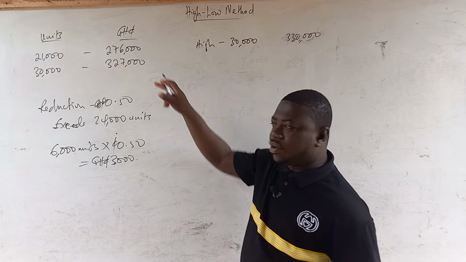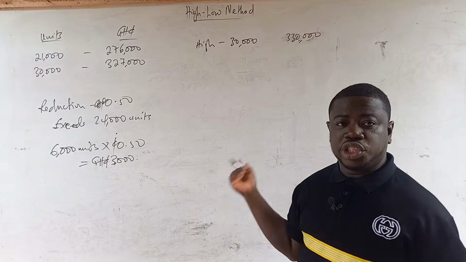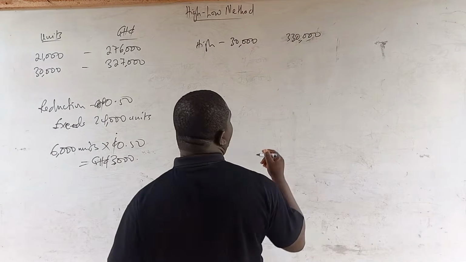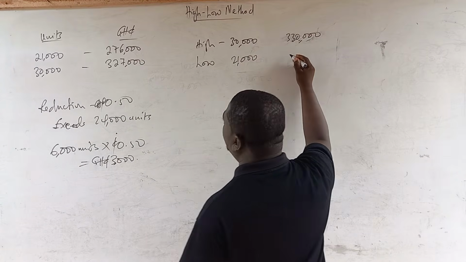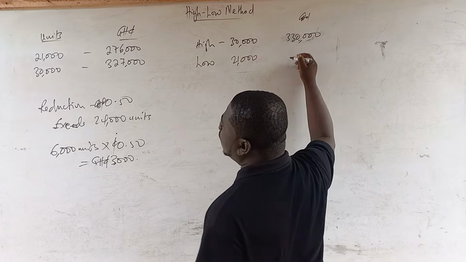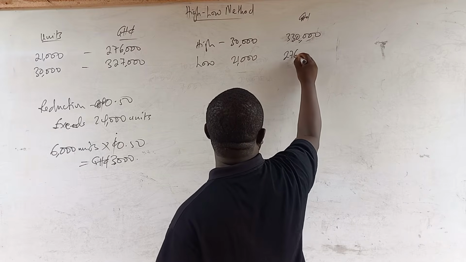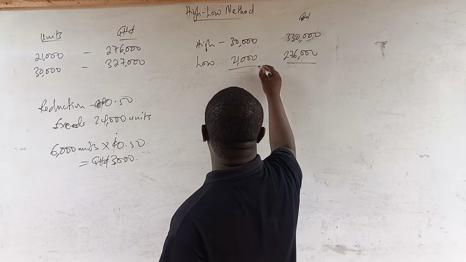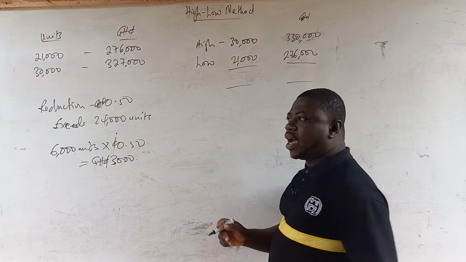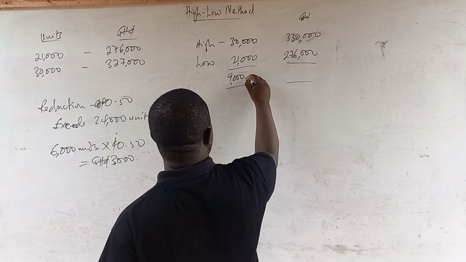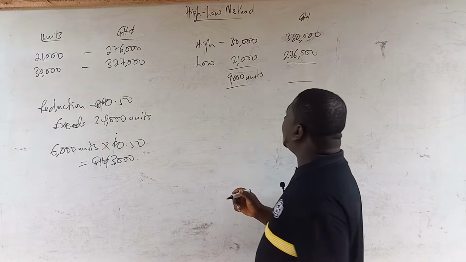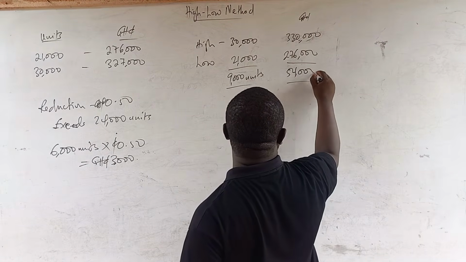We add the 3,000, assuming that there is no change in variable cost per unit, so we put it back. And then the low is 21,000, and the cost associated in Ghana cedis is 276,000. So let's find the difference between the two so that we can apply our high-low method to find the variable cost per unit. So we have 9,000 units here, and then we have 54,000 Ghana cedis here.